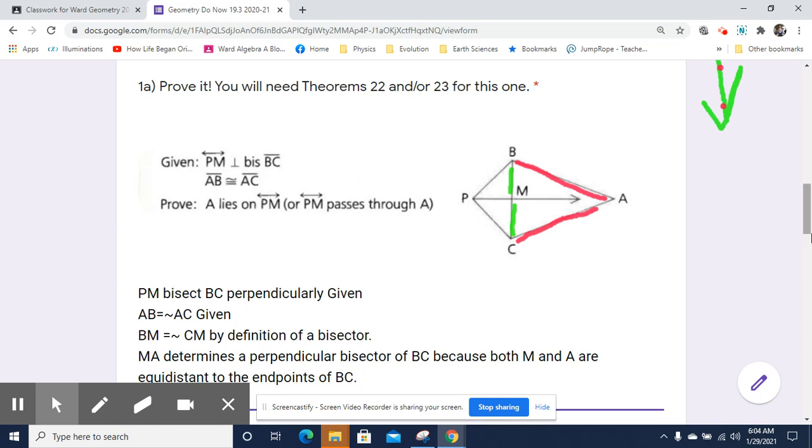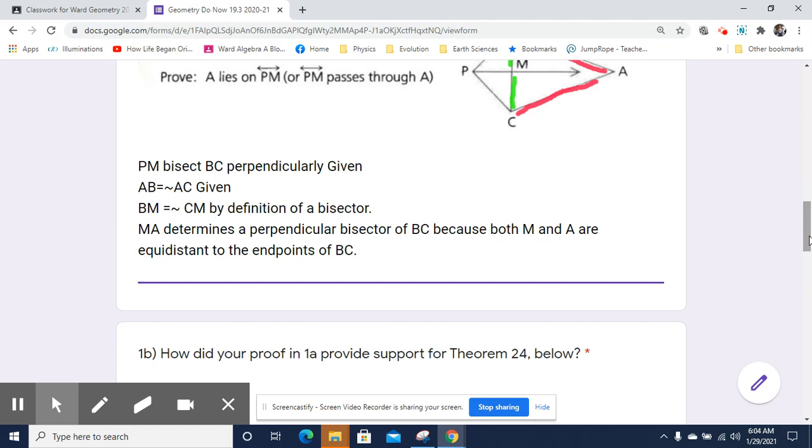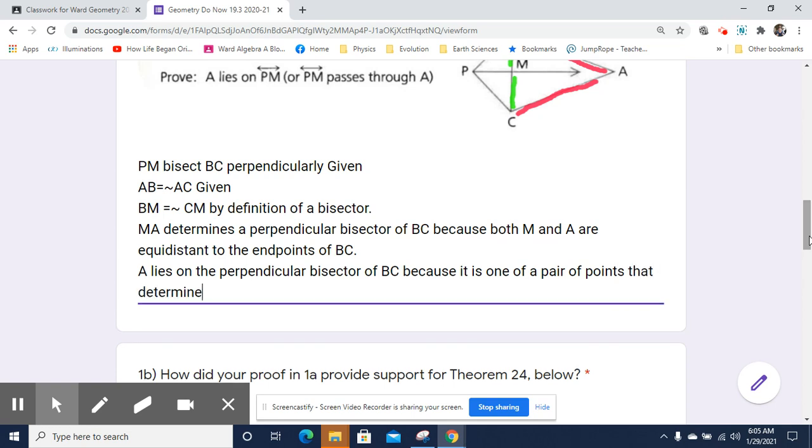Okay, and then we can finally say that A lies on the perpendicular bisector of BC because it is one of the pair of points that determine the perpendicular bisector of BC. Okay, so that works as a proof.